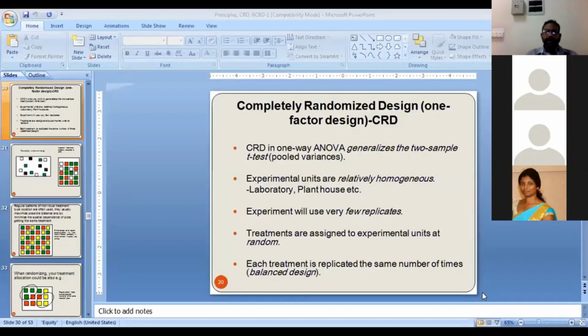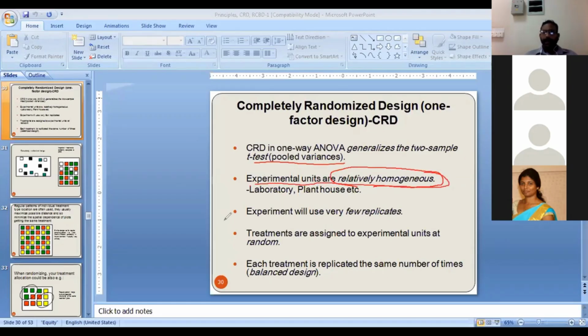Right, now we will continue with the design we mentioned last time. This is the extension of ANOVA, as we said. CRD is also the extension of the pooled t-test, as I mentioned. This design is ideal to conduct experiments, especially in an area where the experimental units are more or less homogeneous.